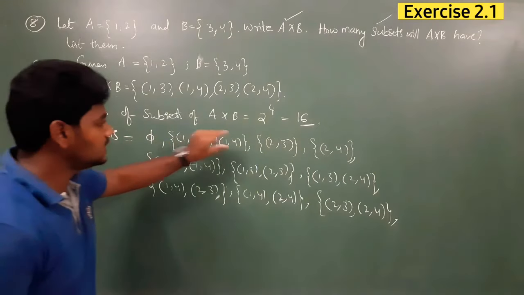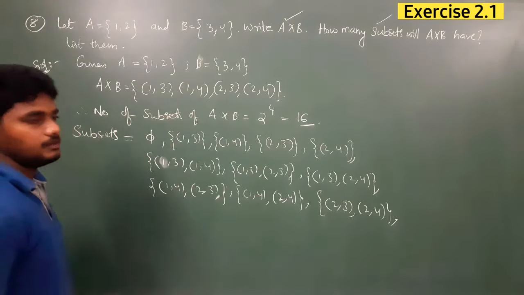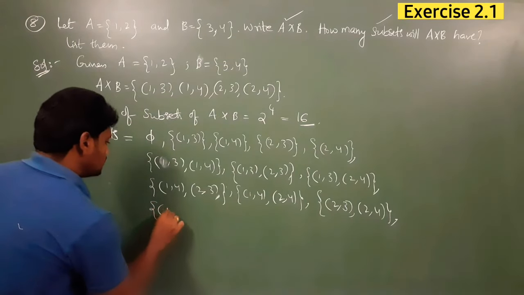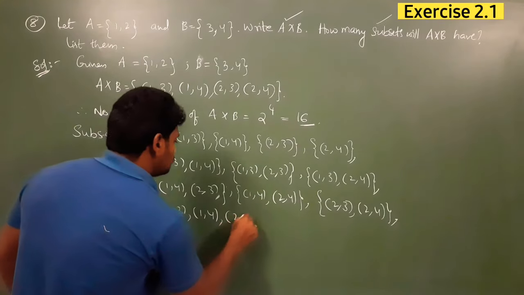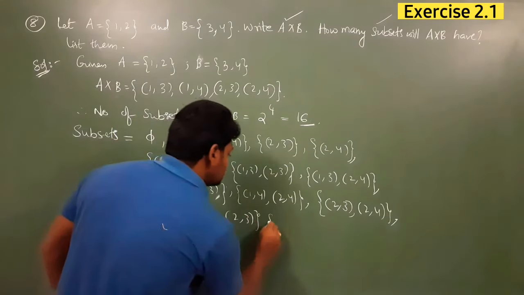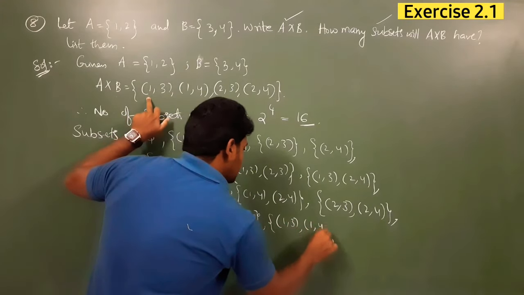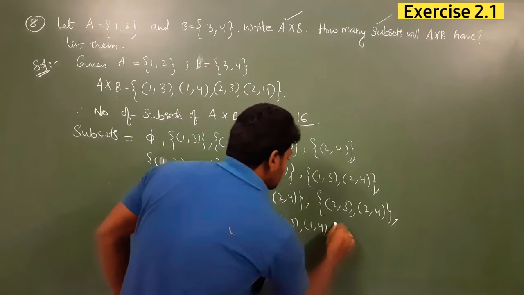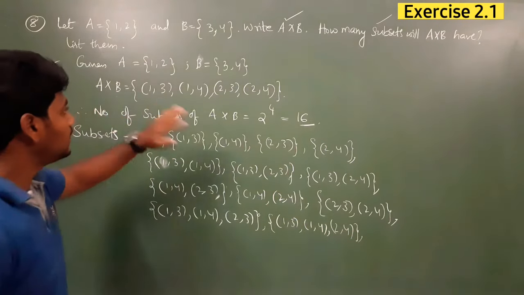First empty set, next single elements, next double elements, next with 3 elements. Those are {(1, 3), (1, 4), (2, 3)}. These 3. Next different sequence like {(1, 3), (1, 4), (2, 4)}. This is another sequence. Now another one.